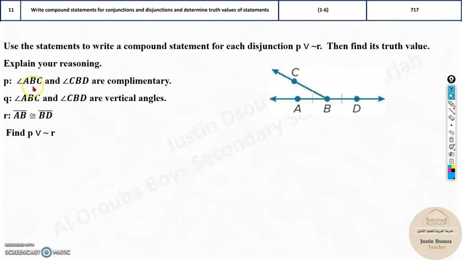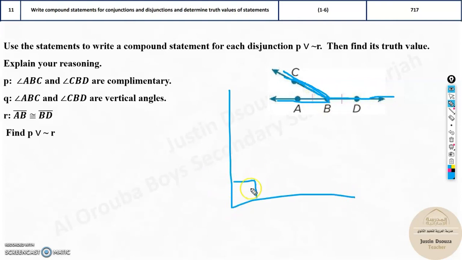Now we will look into the next problem. Say over here you have, see, this is the or symbol. Otherwise it will be mentioned as or. Here they have given you P, Q, R statements. Angles ABC and CBD are complementary. Let's see, ABC and CBD. No, these are supplementary.